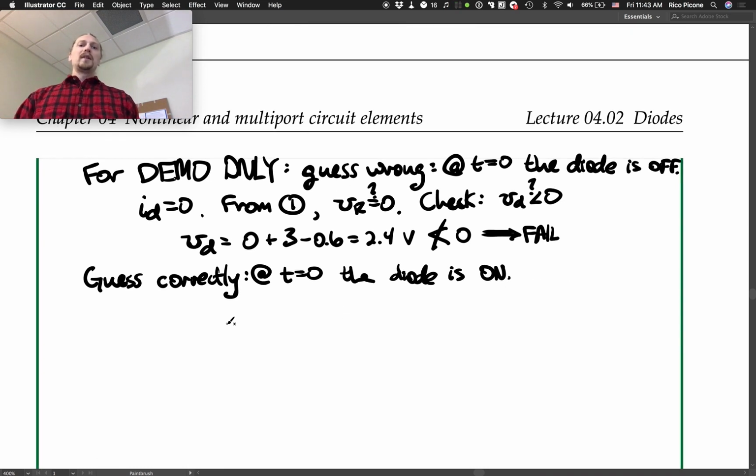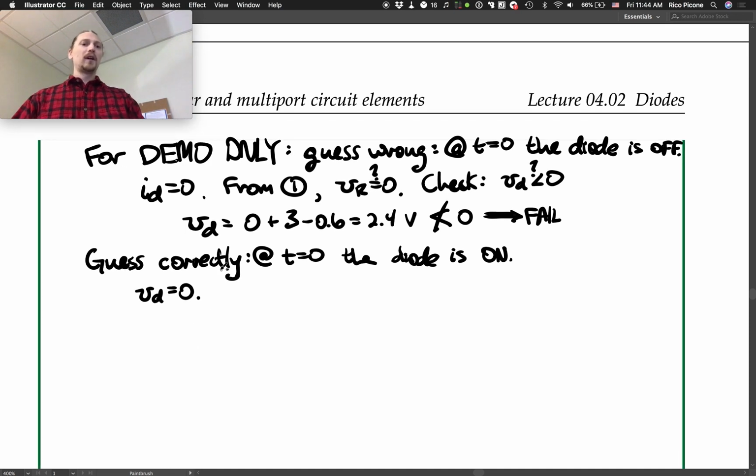When we assume that the diode is on, we assume it's a perfect conductor, and therefore the voltage across the ideal diode is 0, right? So that's, in this case, our sixth elemental equation, our final equation for solving the system.